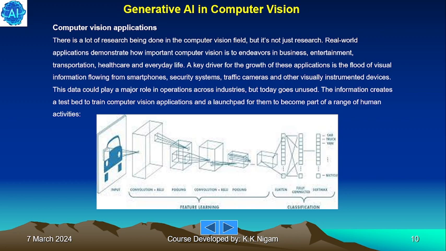A key driver for the growth of these applications is the flood of visual information flowing from smartphones, security systems, traffic cameras, and other visually instrumented devices. This data could play a major role in operations across industries, but today goes unused. The information creates a test bed to train computer vision applications and a launch pad for them to become part of a range of human activities.